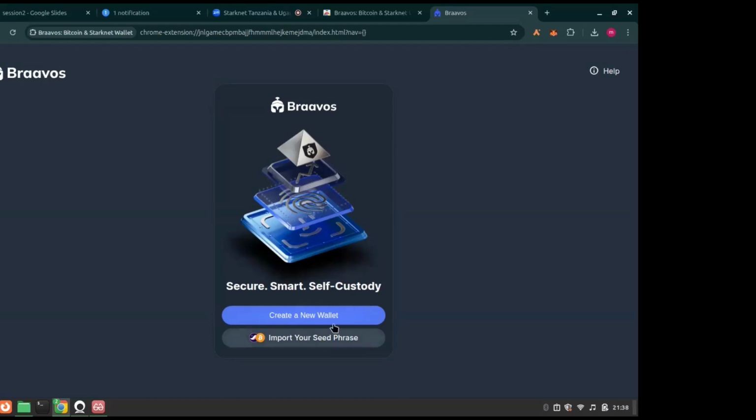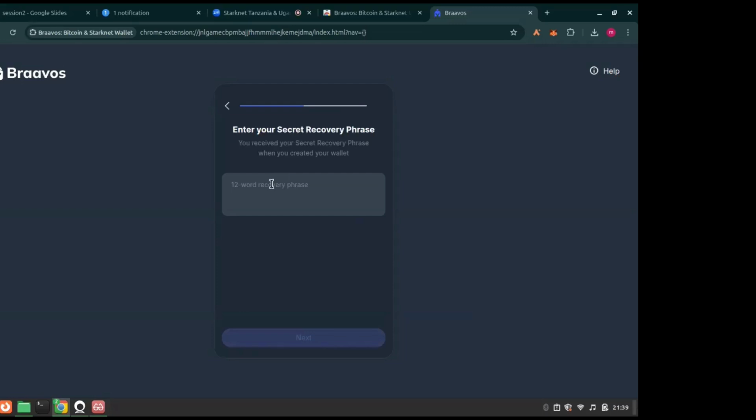So when you create a wallet on either Braavos or Agent, even on MetaMask, there is a 12-keyword phrase which is given out to you. Once you forget your password, you have to put that keyword phrase here. As you can see, they're asking me what is my seed phrase.